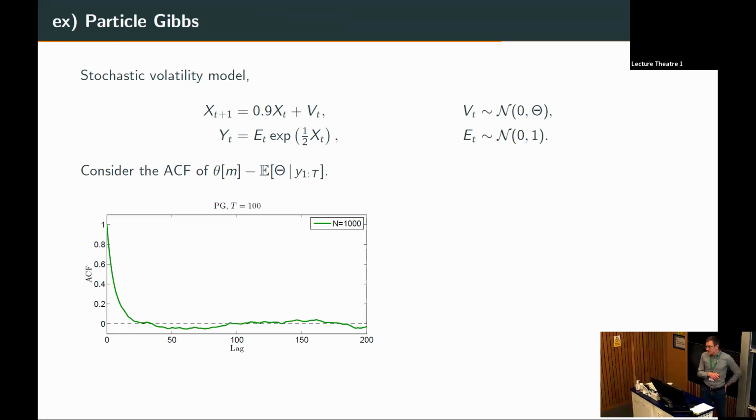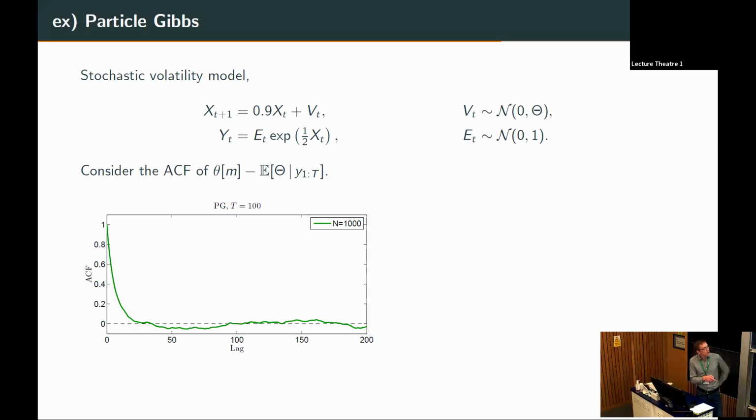And we can see this also in numerical examples. Here it's a toy model, but now it's a non-linear model. It's a stochastic volatility model, with a one-dimensional state like this and a non-linear observation. I simulate some data; here I have 100 time steps in my synthetic data.